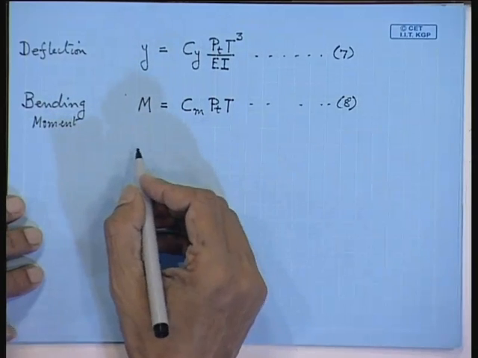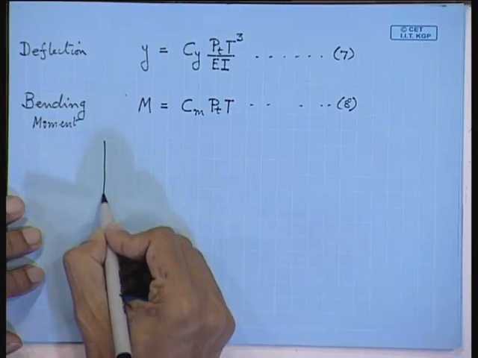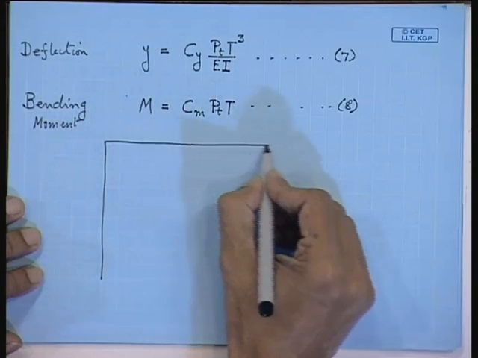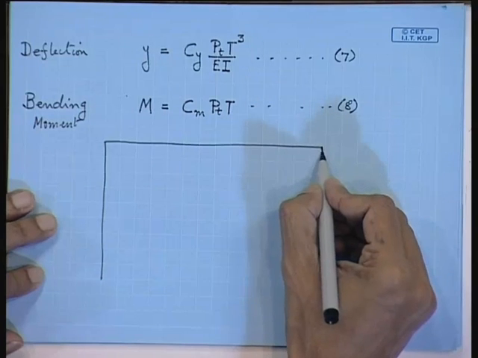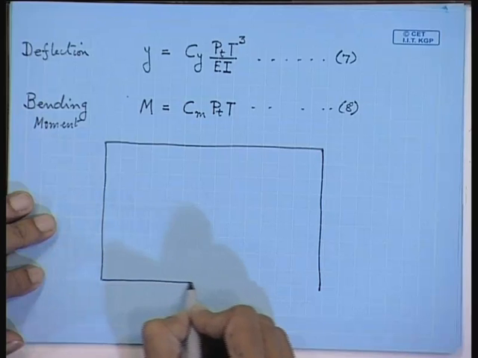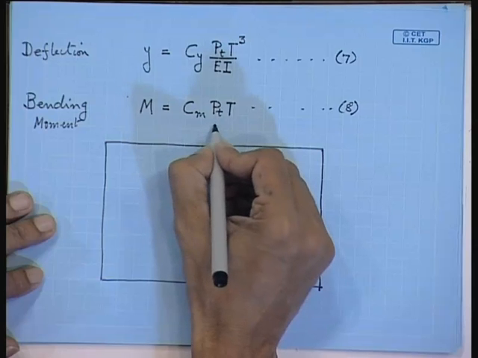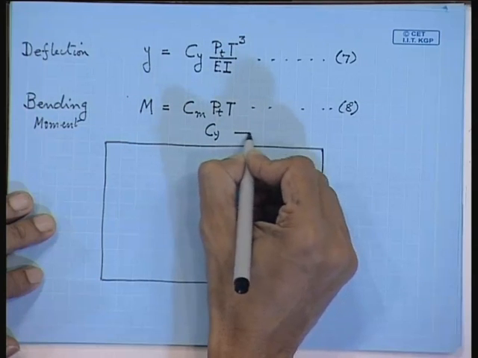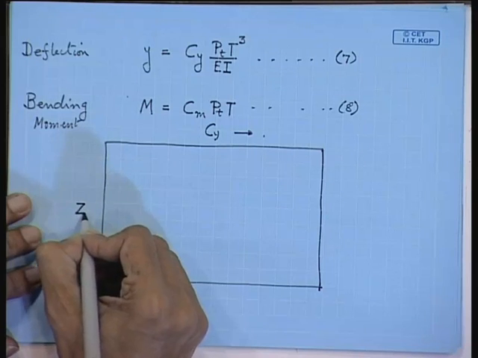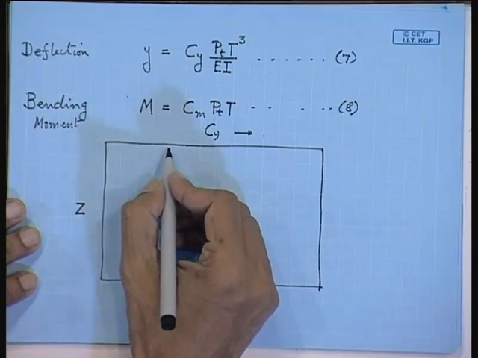Now, if you plot a graph, you will find, you plot Cy along this axis and you plot Z. And you will get a series of graphs.